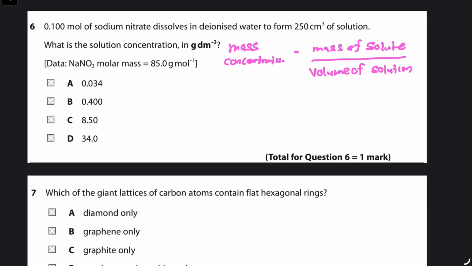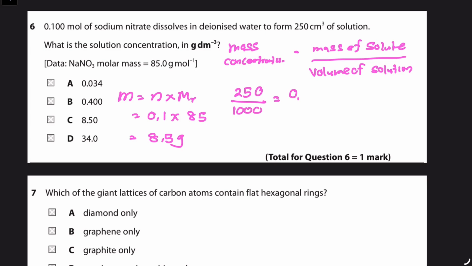Molar mass of sodium nitrate is given, so first we can calculate the mass of sodium nitrate. Mass equals number of moles times Mr. Number of moles is 0.1, Mr is 85, so we get 8.5 grams. Now convert the volume into cubic decimeters. They have given the volume in cubic centimeters, so divide 250 by 1000.